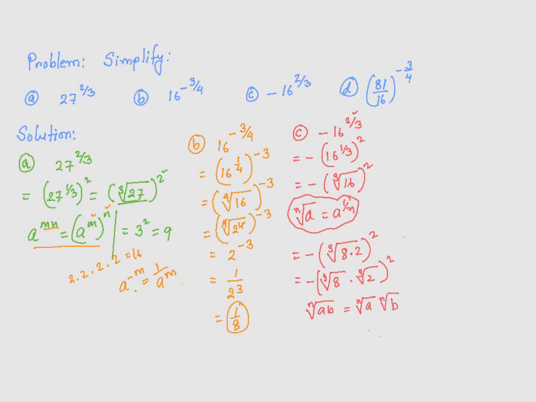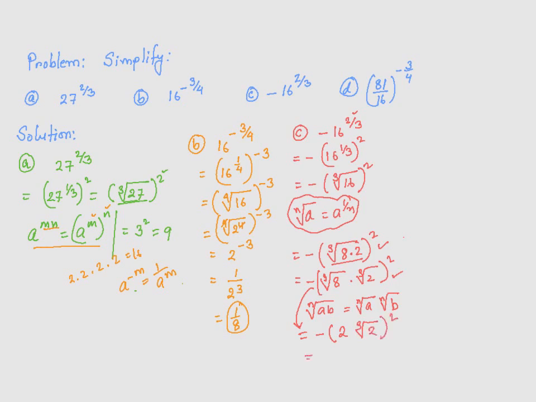In going from here to here, I have taken the term inside the square and broken it down into 2. Now we know that the cube root of 8 is 2. So it's going to be just 2. Then the cube root of 2 is the cube root of 2, then whole squared.